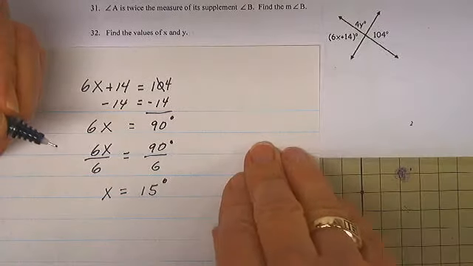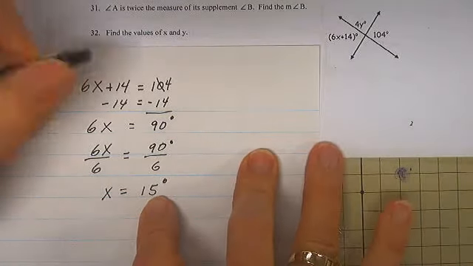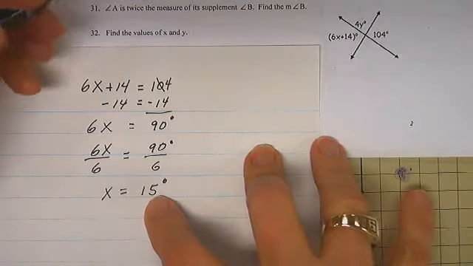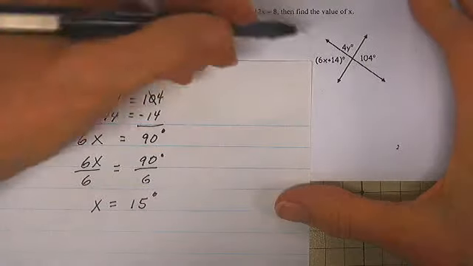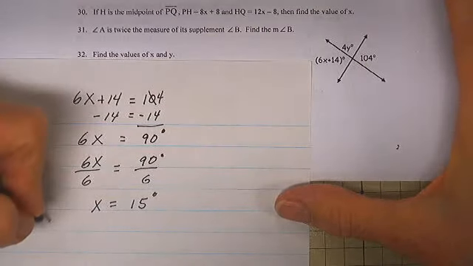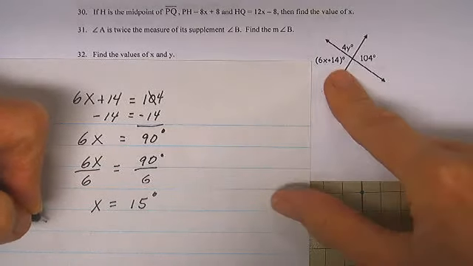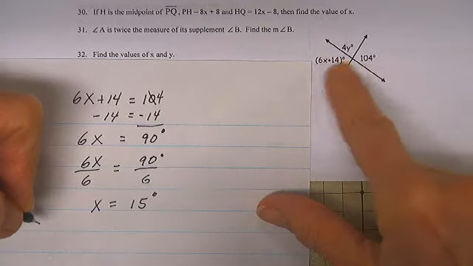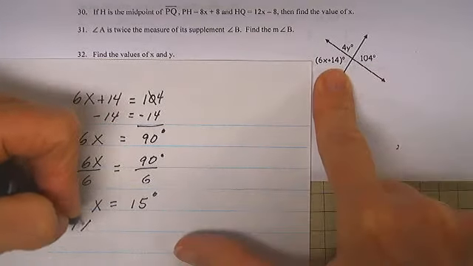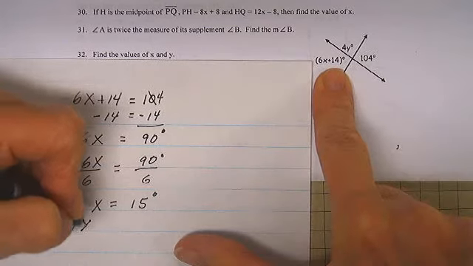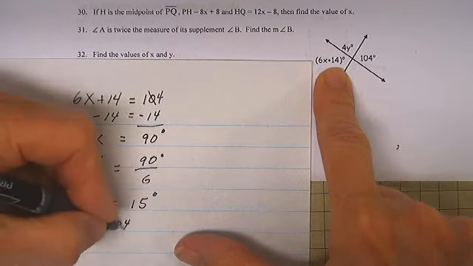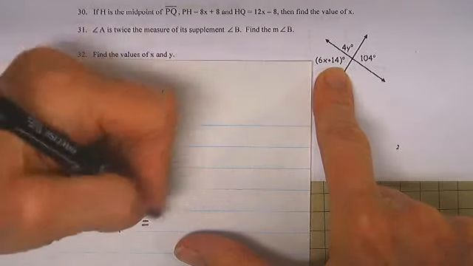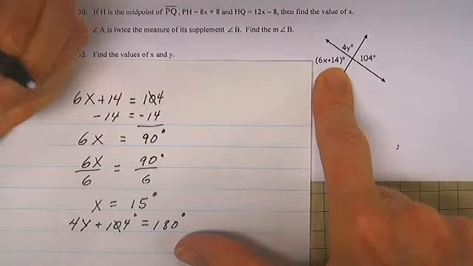Am I done? I don't think so, because I have to find the value of x and y. The only way I can find the value of y is to find the measure of this angle. 6x plus 14 is 104 degrees, so 4 times y plus 104 degrees equals 180 degrees, right?